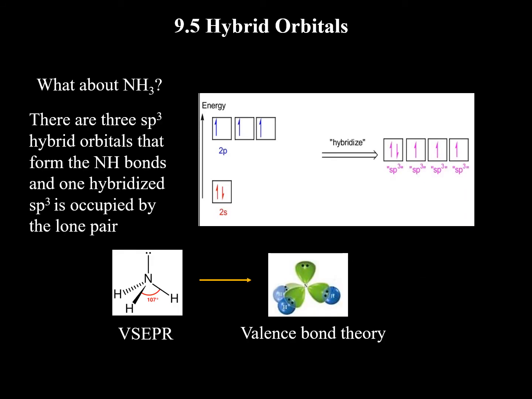Let's look at another example, NH3. We know the Lewis structure here has 3 bonds and 1 lone pair. It has a total again of 8 valence electrons.